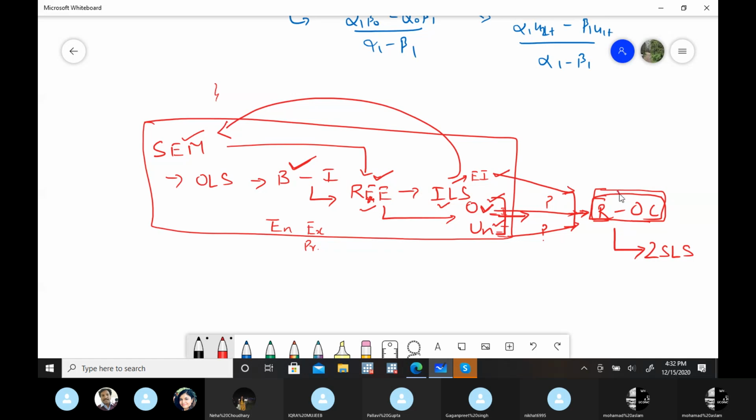Tomorrow we will do this rank and order condition and then the solution for over-identified equations. One of the solutions is 2SLS for over-identified equations, which we will do tomorrow with a numerical example in Stata. Is it clear? Is this boxed part clear to everyone?